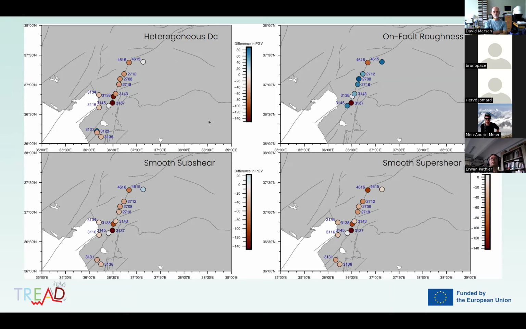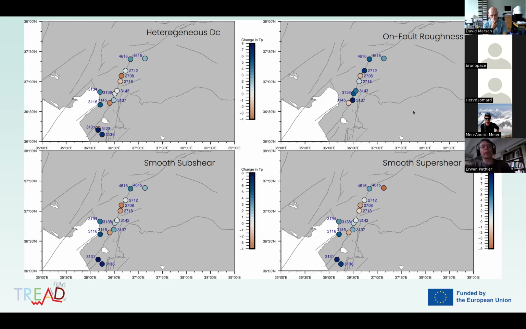Blue implies that the simulation was smaller, whereas more towards red-brown means that the simulation produced larger values, since it's observation minus simulation. And it seems that in general, most simulations produced larger values than observed, except for the roughness.